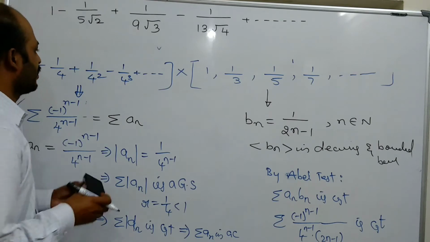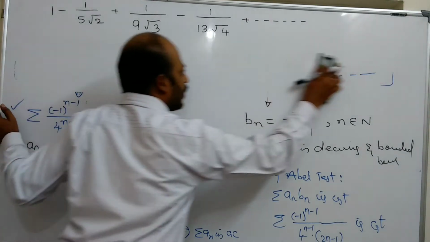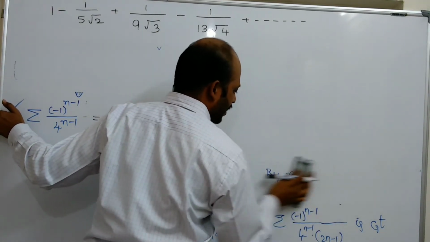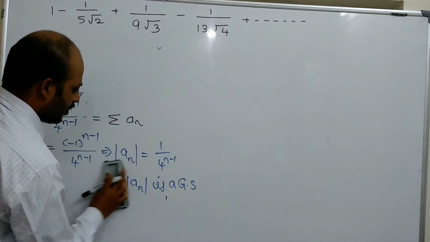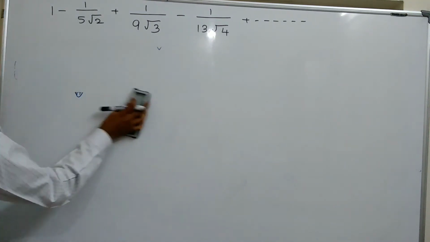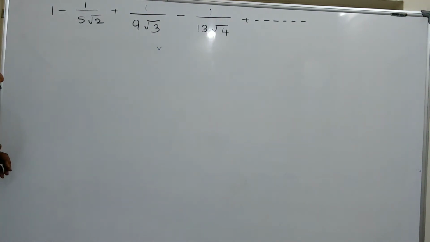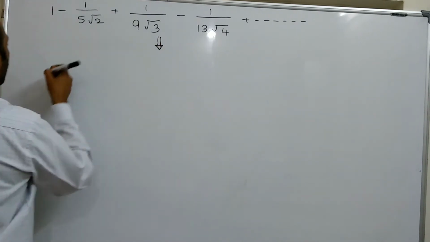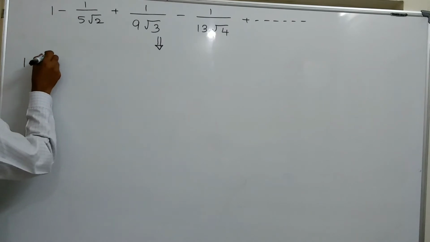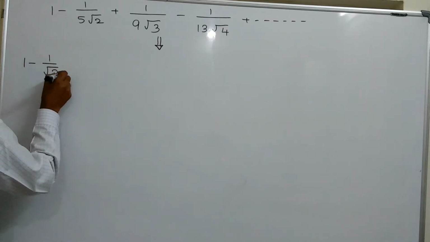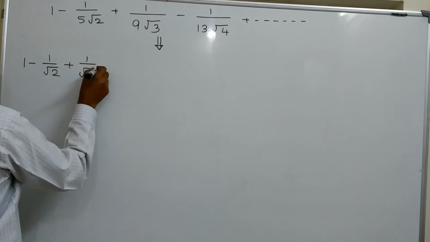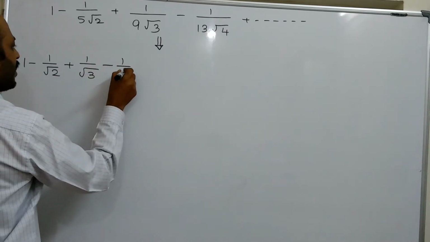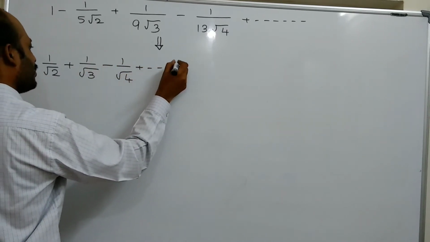You observe that. So again, this series we can apply Abel's test here also, because it can be written as a product of two terms. 1 minus 1/root 2 plus 1/root 3 minus 1/root 4 plus and so on.